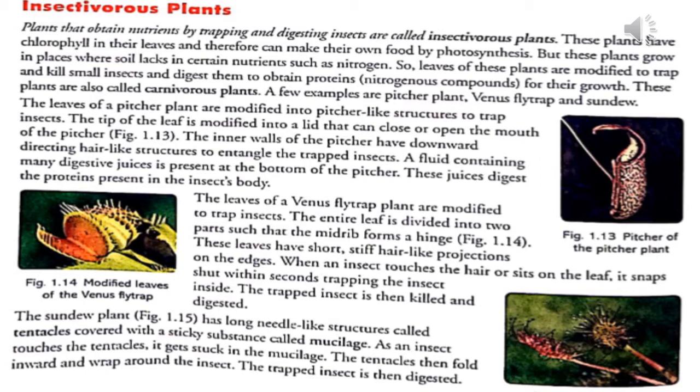The leaves of a pitcher plant, you can see figure 1.13, are modified into a pitcher-like structure to trap insects. At the top of the pitcher plant there is a cover. When it opens and an insect comes, it will close again.